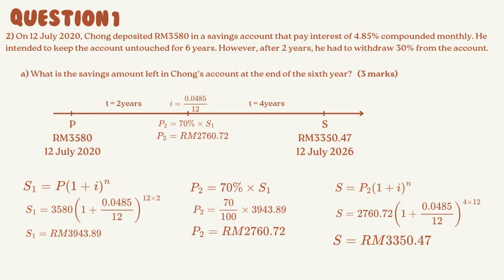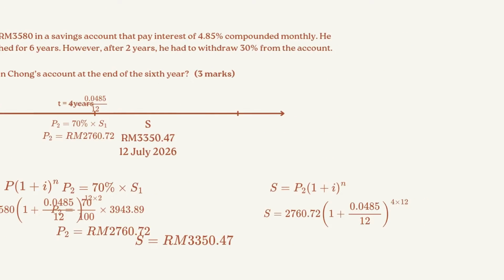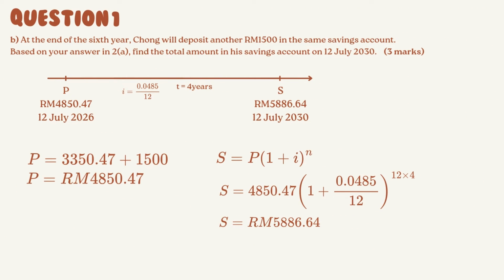And the final answer will be RM3350.47. For this question, the future value at the end of the 6th year is RM3350.47. As you can see from the timeline, the difference between years is 4 years.